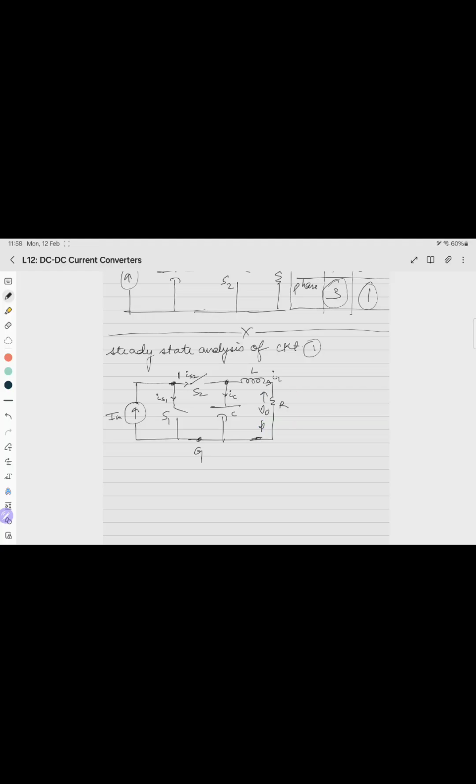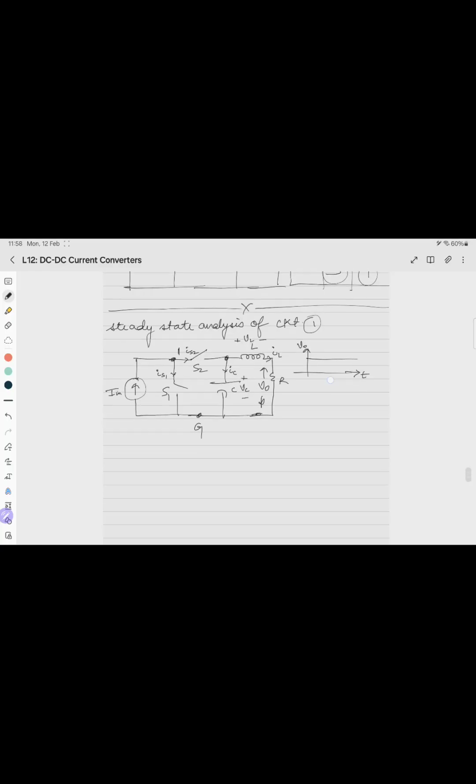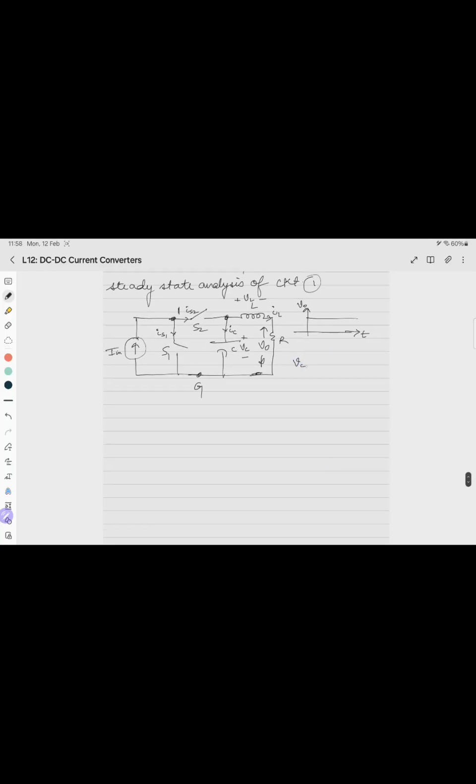The assumption is that here V0 is constant, because in DC-DC voltage converters the assumption was that the load current is constant. Now here in this case output voltage is constant. So this is VL plus minus, and this is VC plus minus. In circuit configuration number 1, this relation always holds. If you apply KVL in this loop, it will be VC equals VL plus V0.